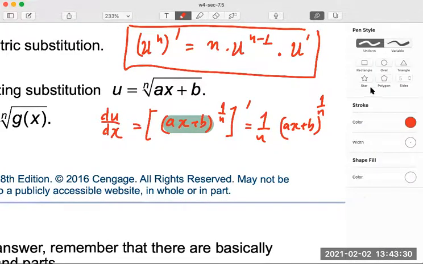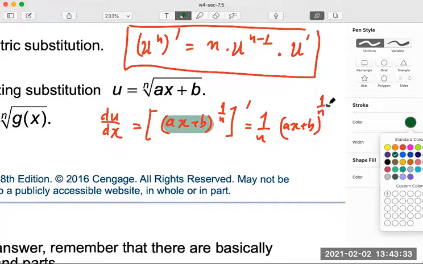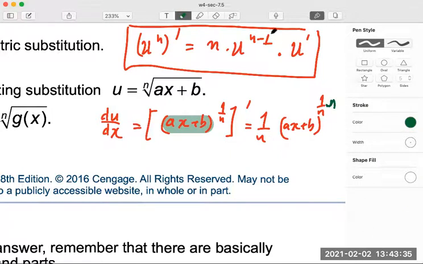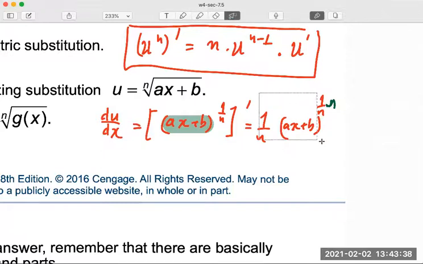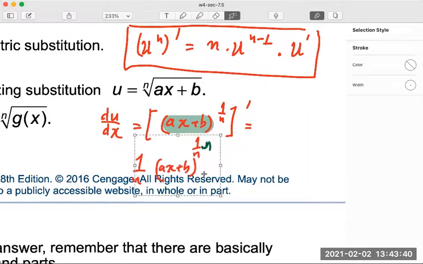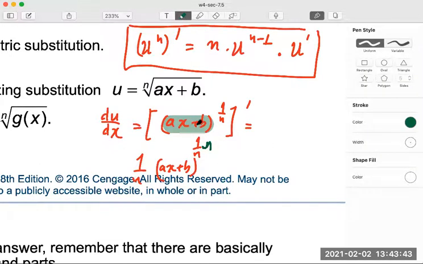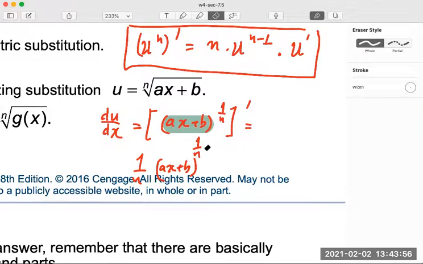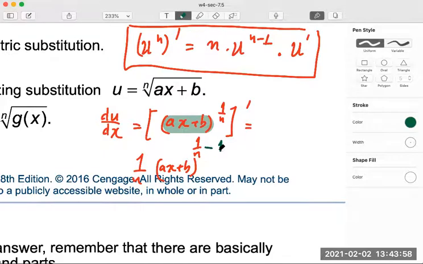Sounds good. Well, let me write it slowly here, and then let me write it down. It's easier to see. Thank you, Victoria. So in this case, u will be ax plus b here. So the power, we put it down, it would be 1 over n, ax plus b to the 1 over n minus 1, multiplied by u prime, which is the derivative of ax plus b.